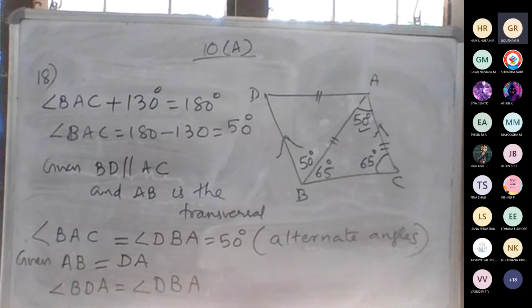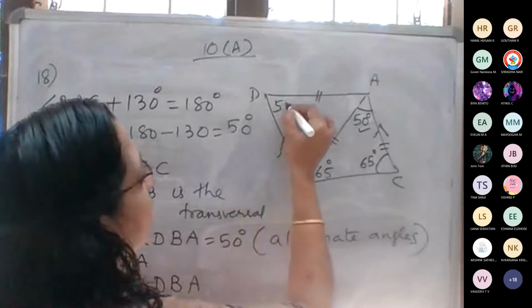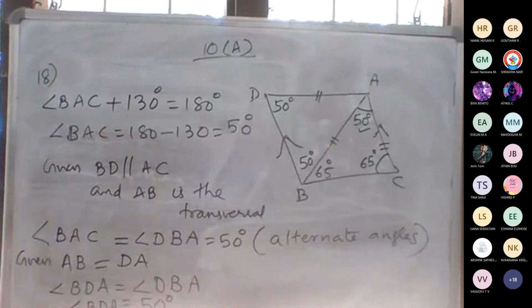So what do we have? DBA, 50 degree, we have. So angle BDA also will be what? 50 degree, isn't it? BDA, this we got as 50 degree.